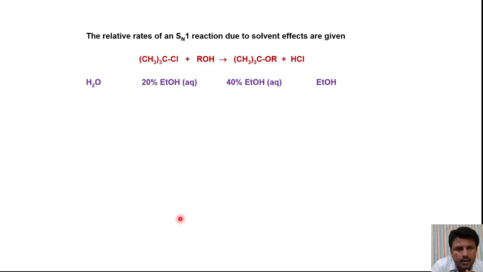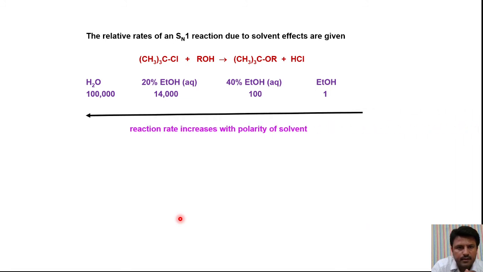These are the relative rates of SN1 reaction due to the solvent effect. If you observe here, when compared to ethyl alcohol, if you take water as the solvent, the reaction rate is increased by almost 1 lakh times compared with ethyl alcohol as solvent.